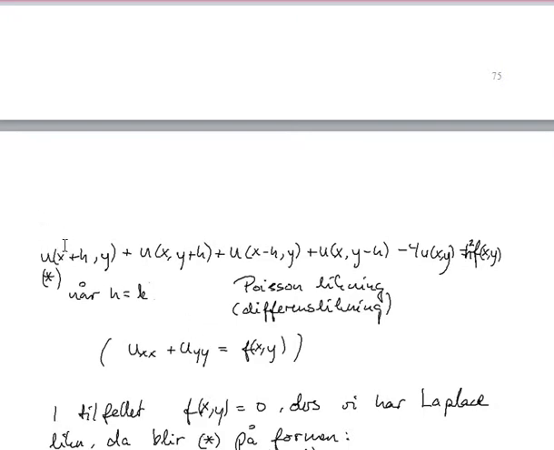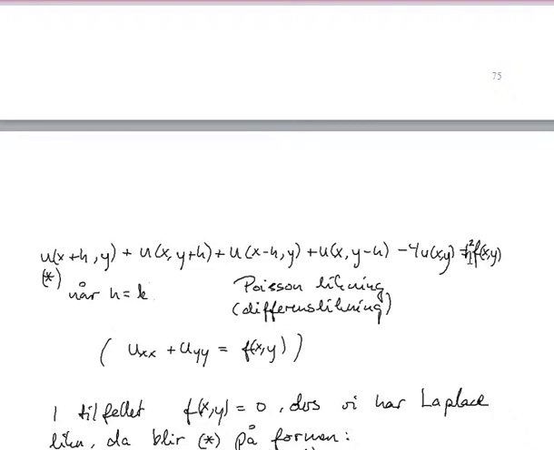So if we now use the Poisson equation, which we recall takes this form, then we can use our approximation of uxx and our approximation of uyy and add these two together, and we obtain this equation.